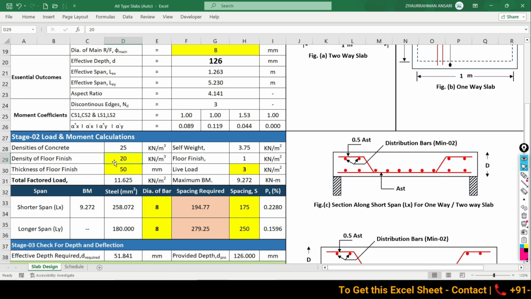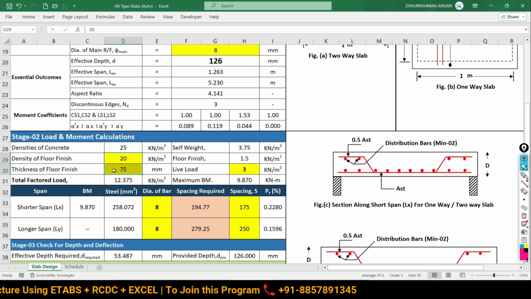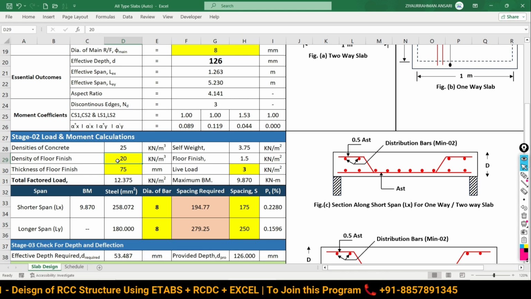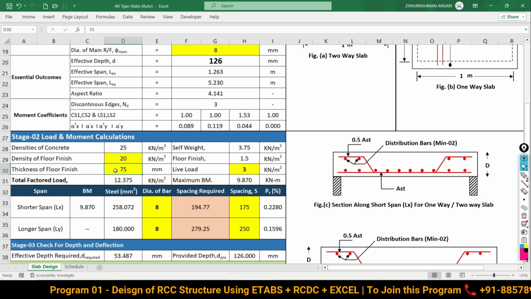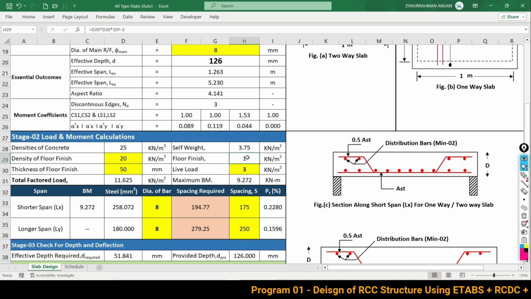So okay, I'm going to fix this density as 20. Now increase the thickness of the floor finish to 100. So it is going to become 2. If you go to 75, it becomes 1.5. So floor finish is going to be adjusted by these two cells. I'm going to fix this value of density, and change the thickness. So I'm going to take it as 50 only. So accordingly, it is going to become 1.